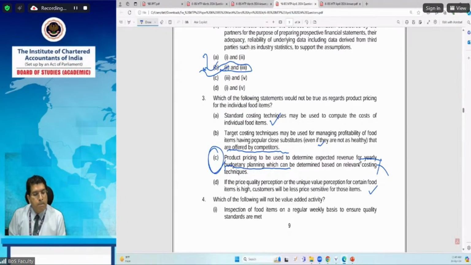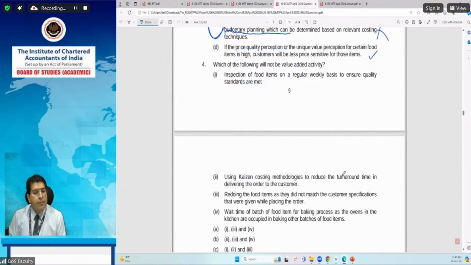Next MCQ is, which of the following will not be a value added activity? First option is inspection of food items on a regular weekly basis to ensure quality standards are met.